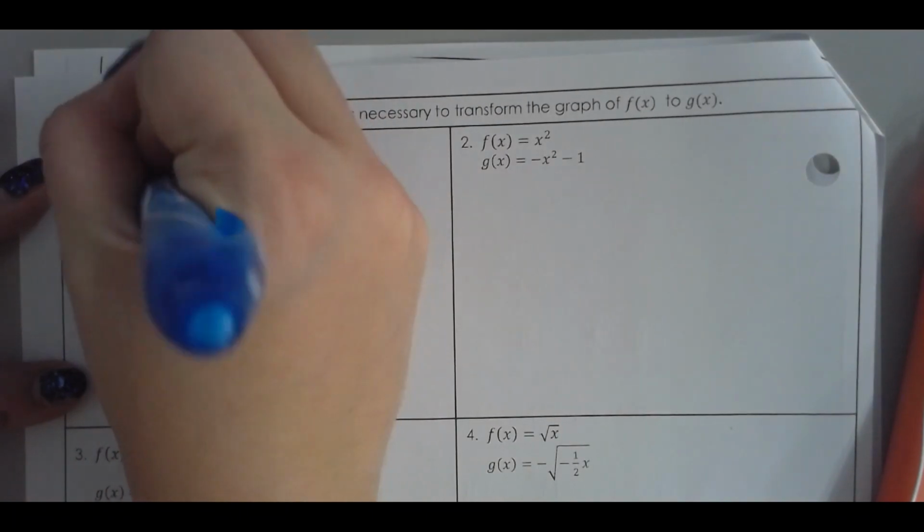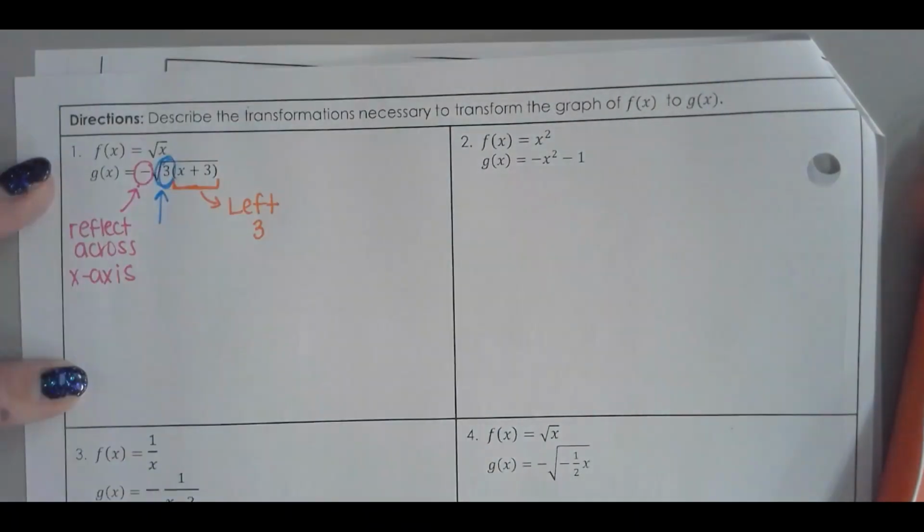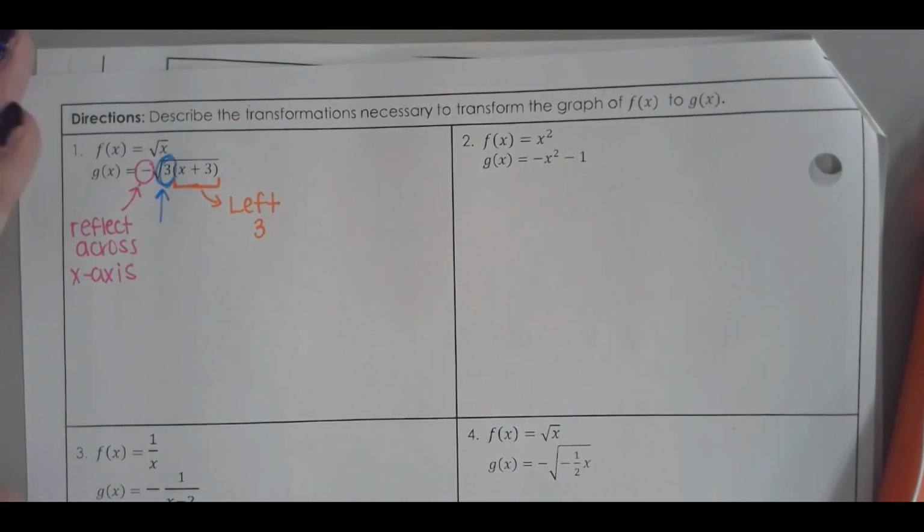Okay. And then there's one other thing that's different. This 3. That 3 is being multiplied by the x plus 3, and that 3 is technically, we would say, kind of on the inside because it's inside of the square root. So what do we have when we multiply a number on the inside?